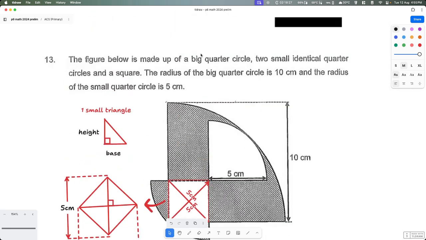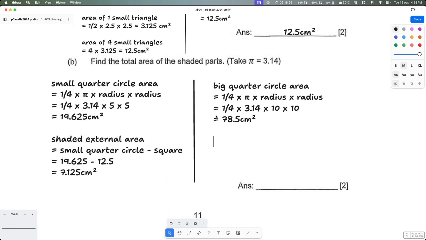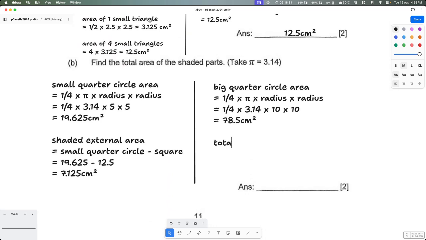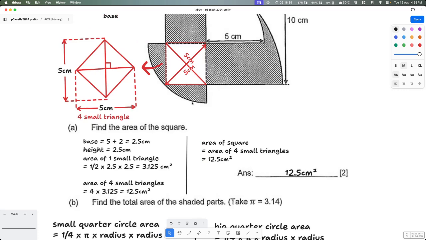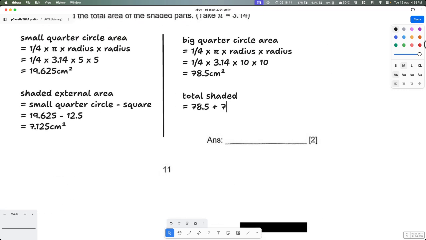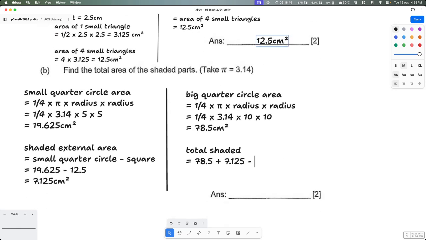So now we have the big quarter. The total shaded area is equal to this big quarter, 78.5, plus the external one, which is 7.125, then minus the two things, which is this 12.5 minus the small one, 19.625.